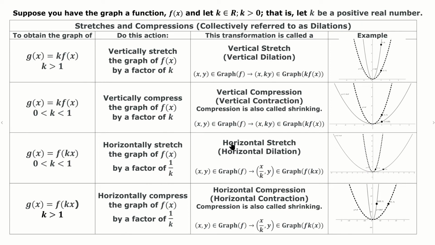Now, this is called a horizontal stretch or horizontal dilation. Note that a point (x, y) on the graph of f would correspond to a point (x over k, y) on the graph of f of kx, okay?